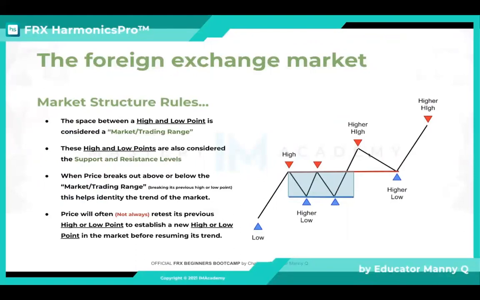It has to eventually pull back down to create a new higher low in the market. And when it pulls back down, it will often, not always, pull back down to this previous high point in the market, right? Before resuming its trend.